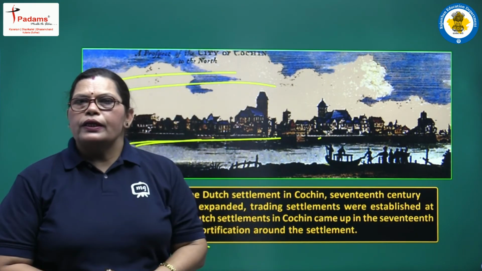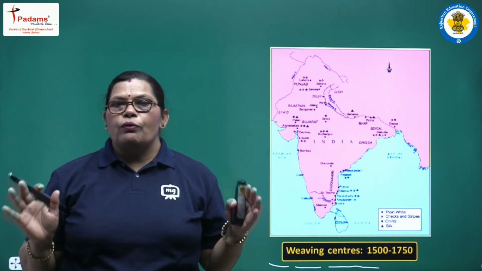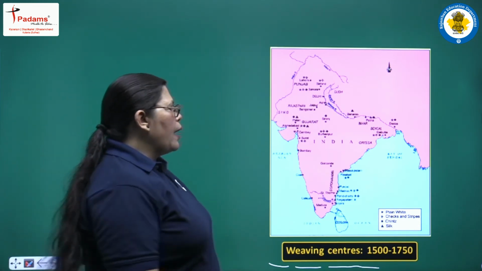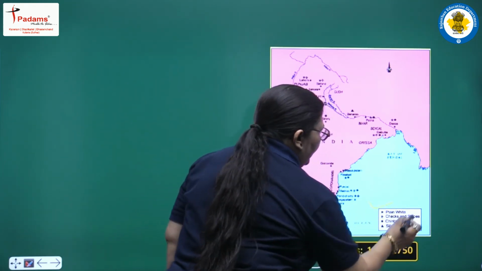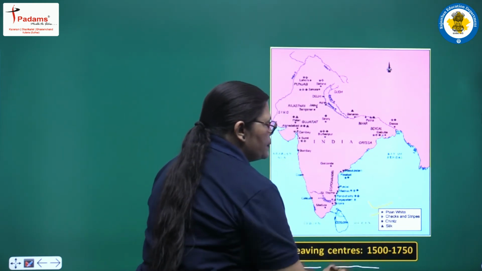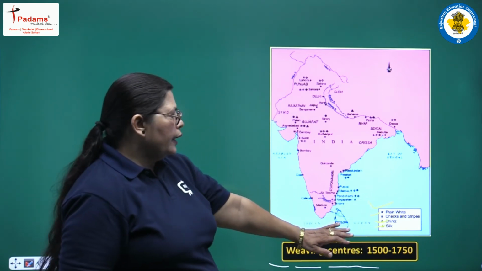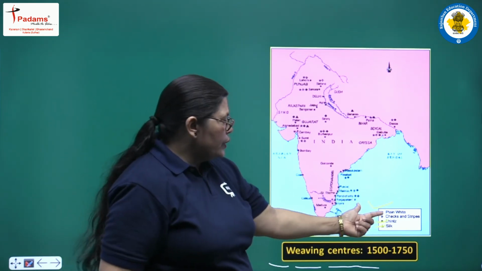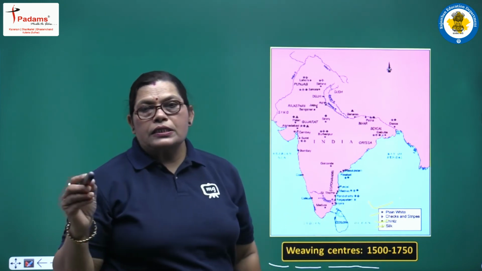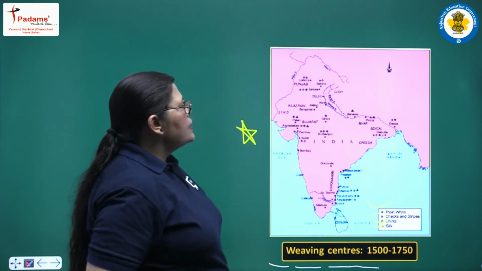So this is part of the trading, and we had one more Indian map here which shows plain white cotton textile, checks and stripes, chintz and silk, which were in great demand and were being produced. See, when we are discussing plain white, then star is the symbol of this.